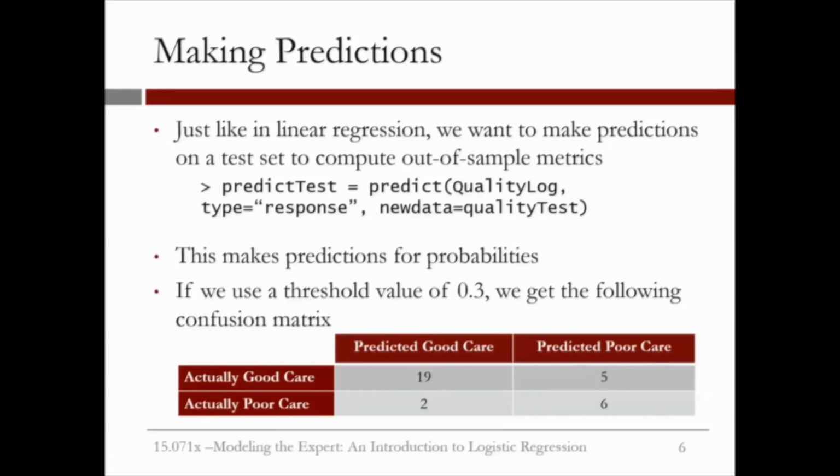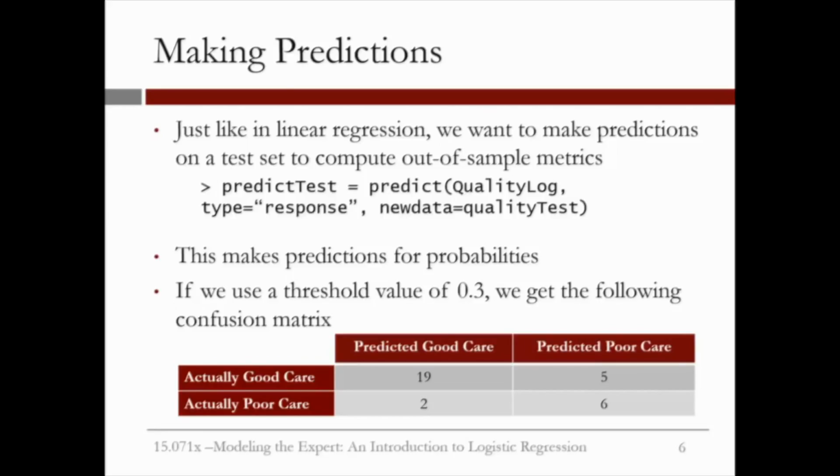So in this particular example on quality of care, just like in linear regression, we're going to make predictions on a test set to compute out-of-sample metrics. We develop the logistic regression model using data, but would like to make predictions out of sample.